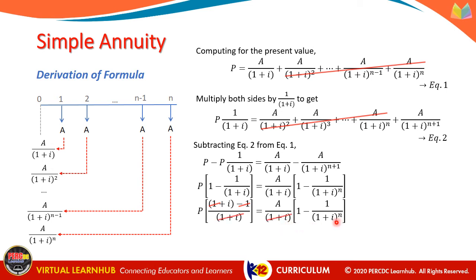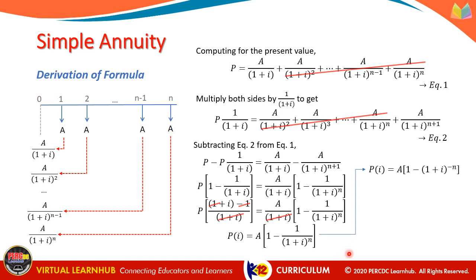So now, on the left side of the equation, we only have P times I. And that is equal to A times quantity 1 minus 1 over 1 plus I raised to n.